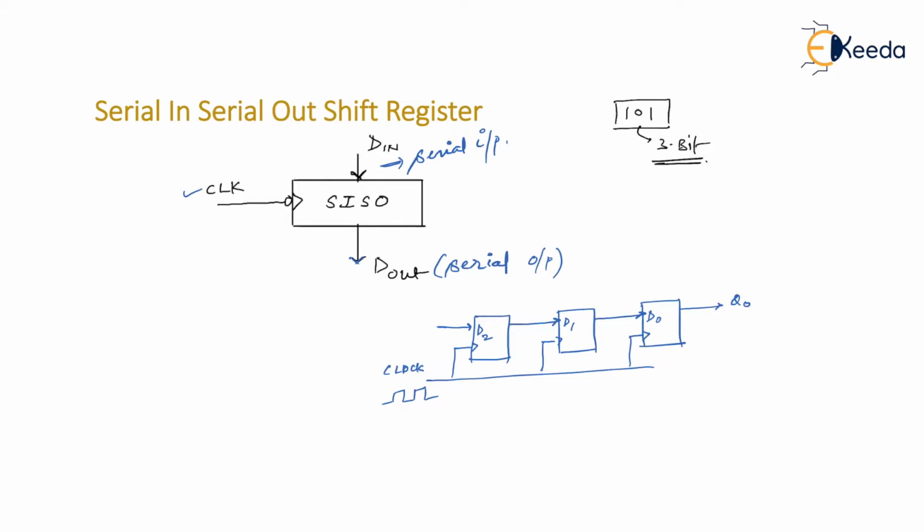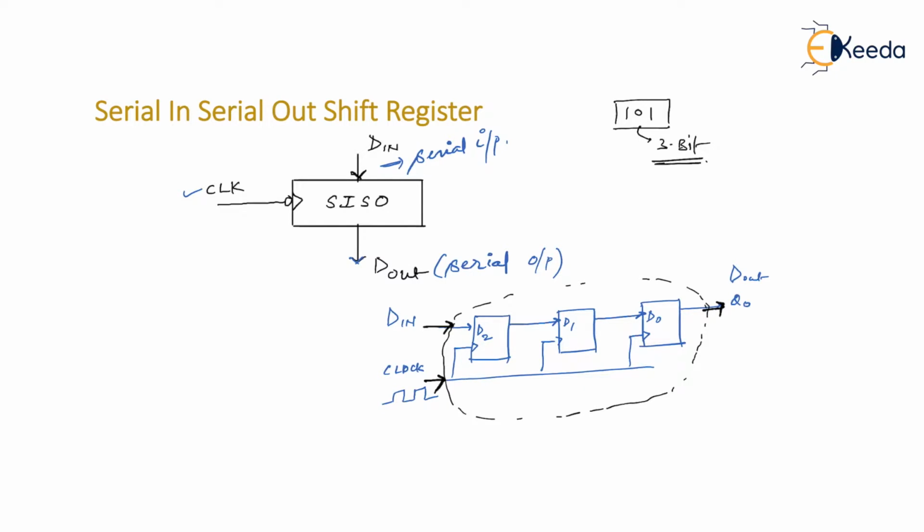In this arrangement, let us assume this is D in and this is D out. If I make a box out of it, you can compare the above block diagram with this block, where D in is the input, this is the clock arrangement, and this is Q0, or I would say D out. Let us understand on a 3-bit level, then it will be easy to generalize for an n-bit shift register.